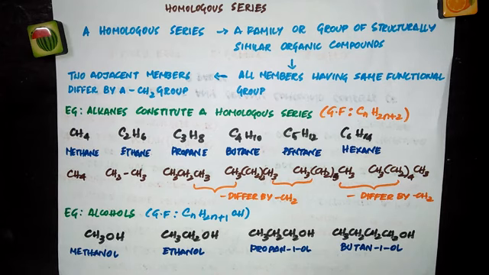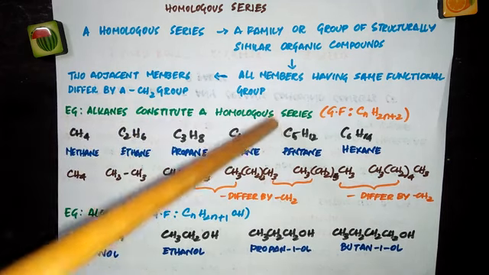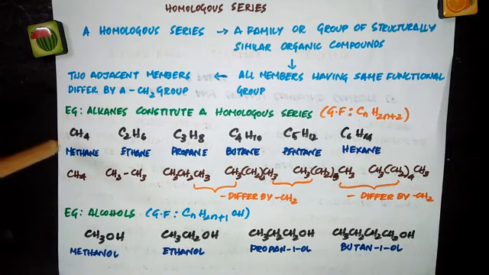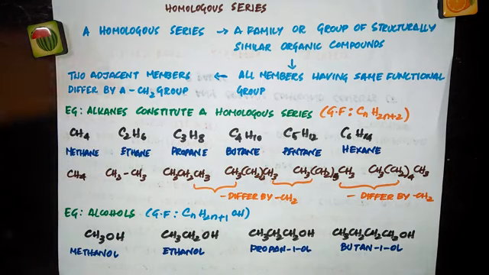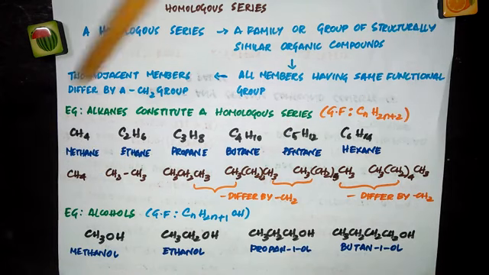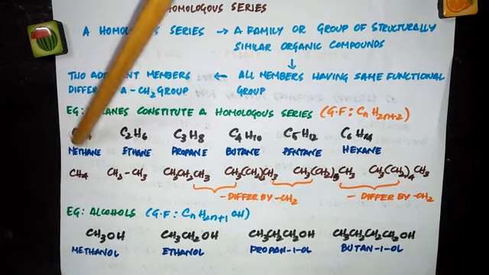First example is alkanes. Alkanes constitute a homologous series and they have the general formula CnH2n+2. You know the list of alkanes: methane, ethane, propane, butane, pentane and hexane. Now see, if I put one carbon atom, n is equal to 1. So here I have only one carbon atom.